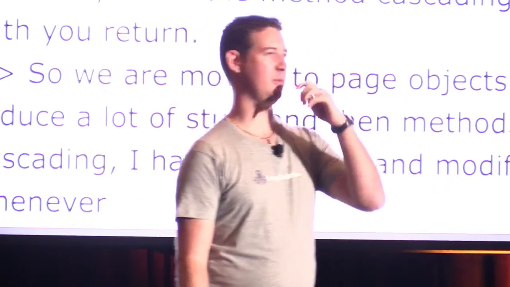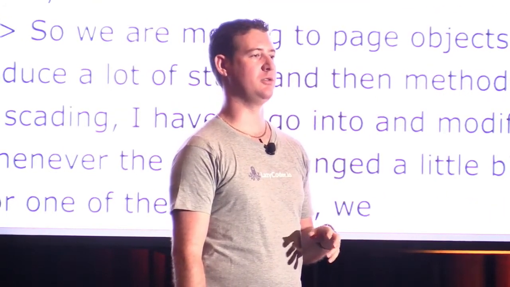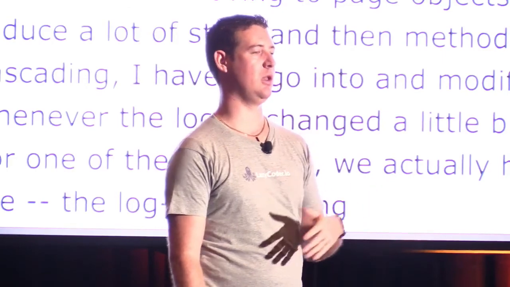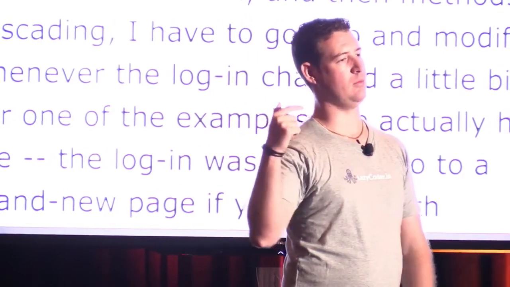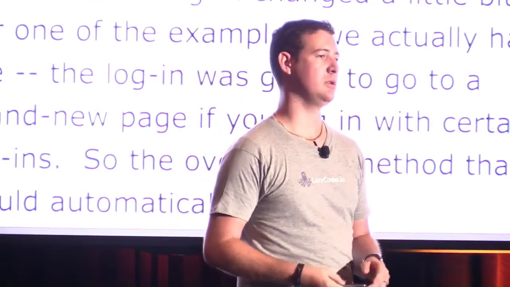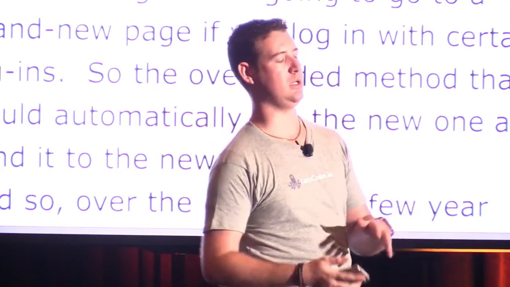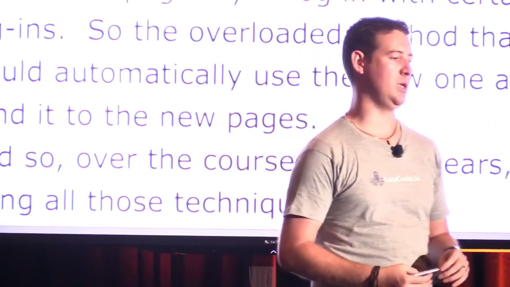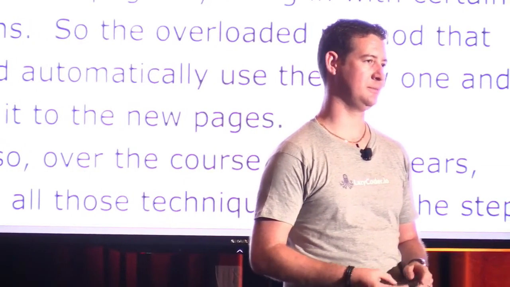In one example, the login was now going to a brand new page if you logged in with certain logins. So I created a little overloaded method that would automatically use the new one and send it to the new pages. Over the course of a few years, using all those techniques, I made it so that I could do that for 5 projects simultaneously.